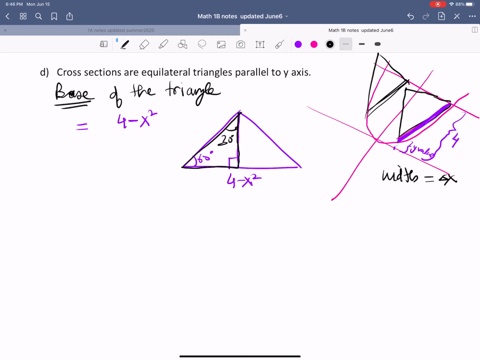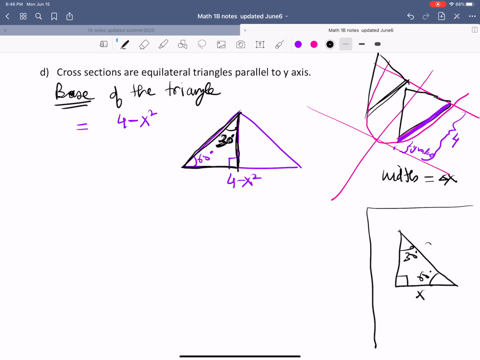If you recall from trig, how are the sides related? For a 30, 60, 90 triangle, the side opposite to 30 is the smallest. The hypotenuse is twice that side, and the side opposite to 60 is root 3 times that side.